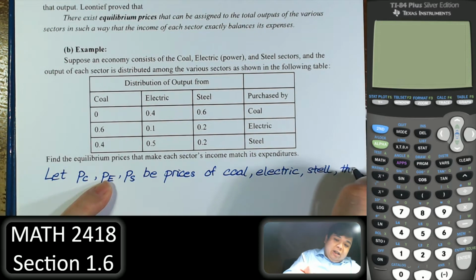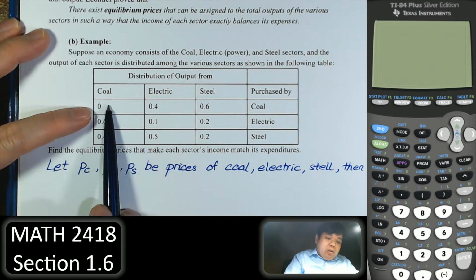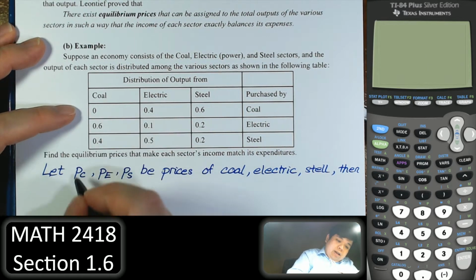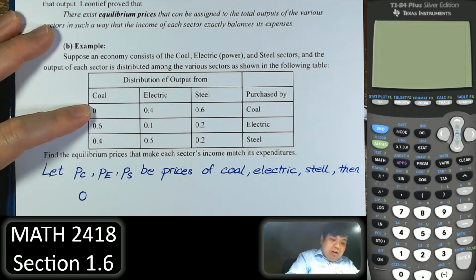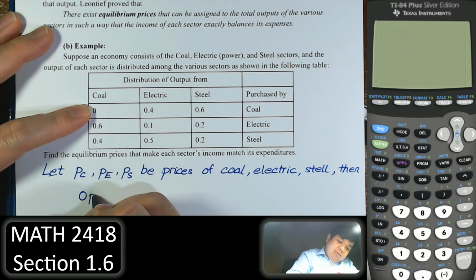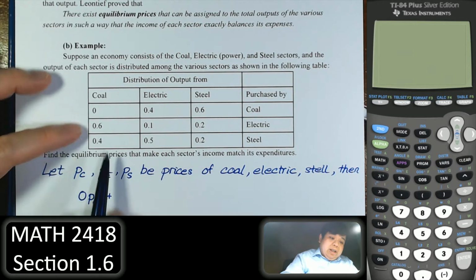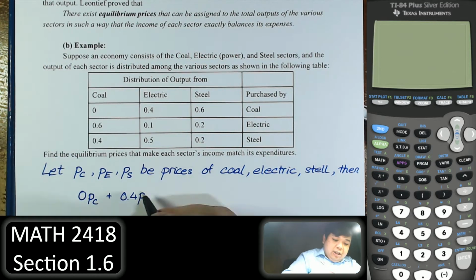Then we can write it like this. The total production of coal: 0% of that from coal. The price for coal is 0 from coal, 0.4 from electric, and 0.6 from steel.